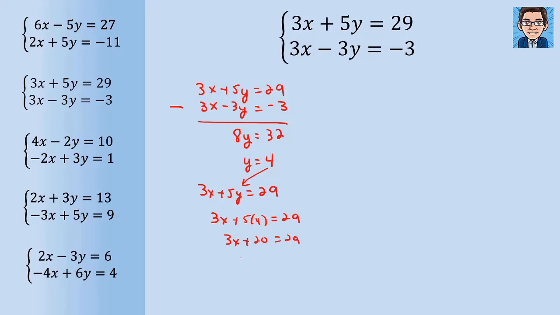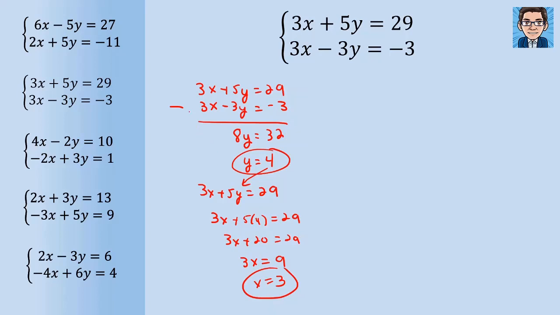Subtract 20 from both sides, and we get 3x equals 9. Divide both sides by 3, and you get x equals 3. So we get x equals 3 and y equals 4 as our solution to this system of equations, which means those two values will make both of these equations true at the same time.